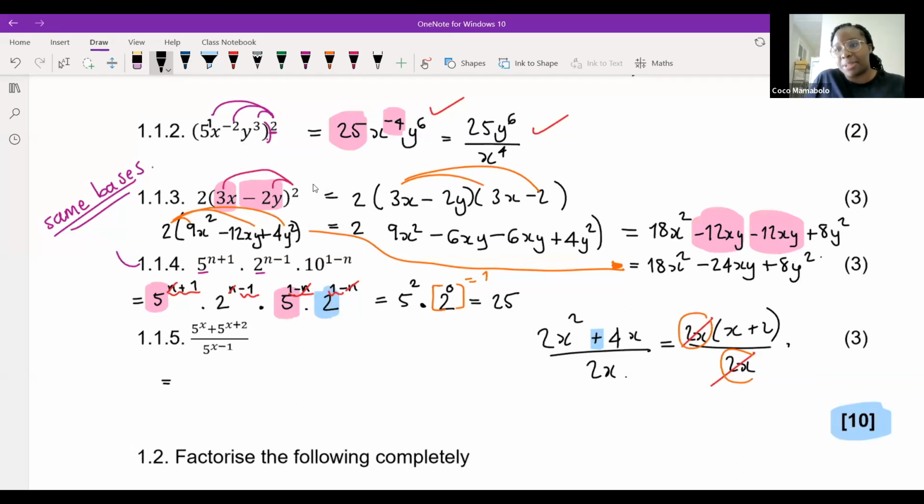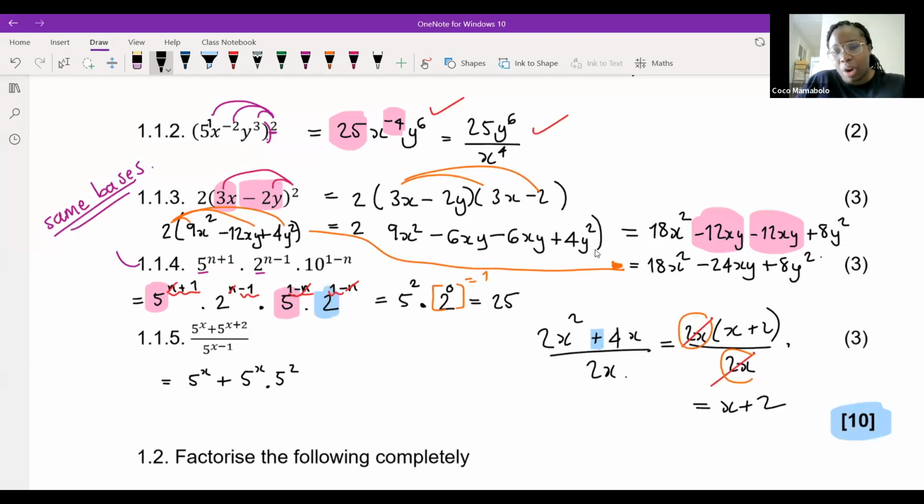The answer is x plus 2, because those two have canceled, I've got x plus 2 left. That is the correct answer. Now over here, I'm going to split these first. I'm going to write that first part as 5 to the power of x plus, and if I split these two, I'm going to get 5 to the power of x multiplied by 5 to the power of 2.